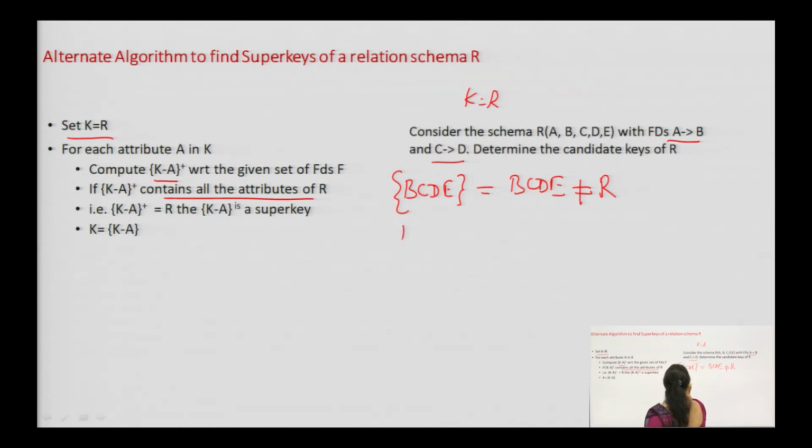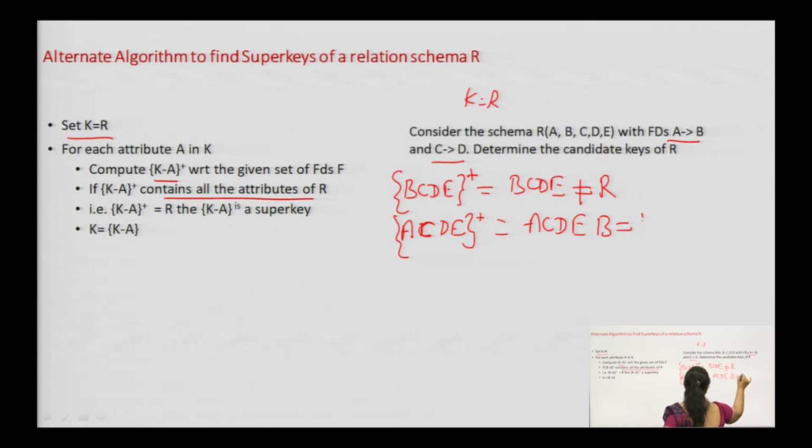Next, we will eliminate B and find the closure of A, C, D, E, which will be A, C, D, E, B, which is equal to R. So, we will say that A, C, D, E is a key.